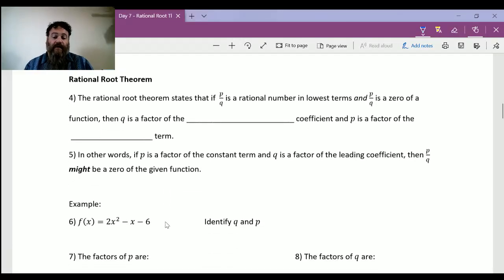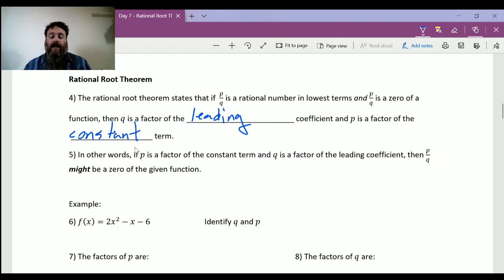The rational root theorem states that if P over Q is a rational number in lowest terms, and P over Q is a zero of the function, then Q is a factor of the leading coefficient, and P is a factor of the constant term.